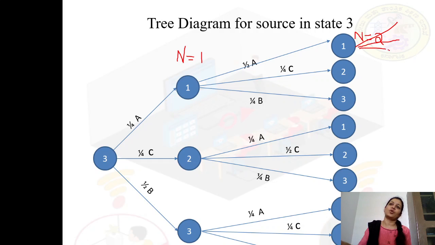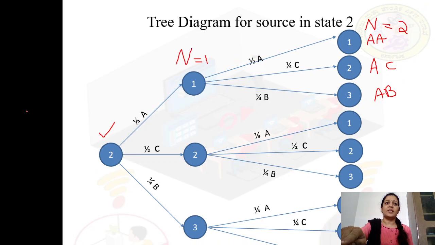From 1 it can go to 1 to 3, from 2 it can go to 1 to 3, from 3 it can go to 1, 2 and 3. So that will give you the sequence of symbols for n is equal to 3, that is message length is equal to 3. So this is how we will write the tree diagram.